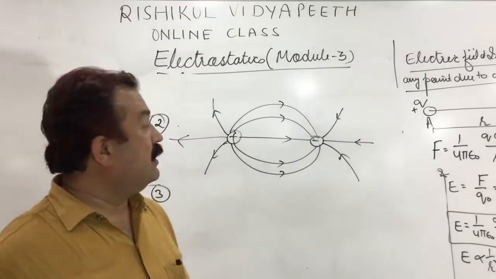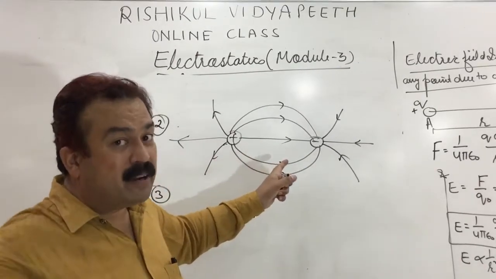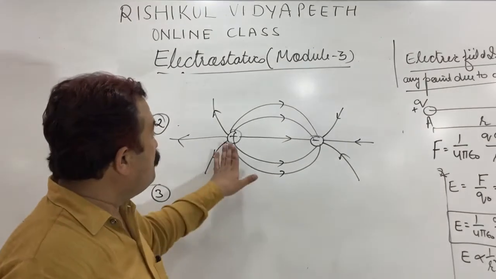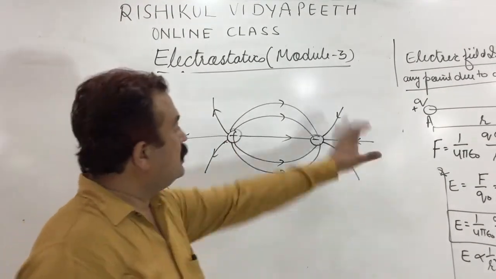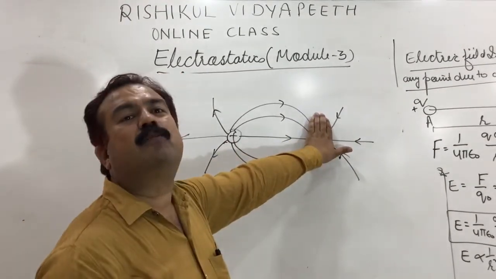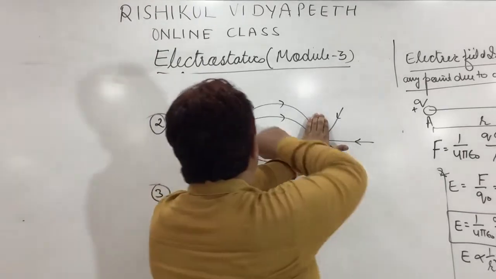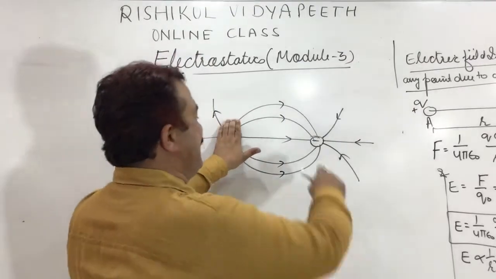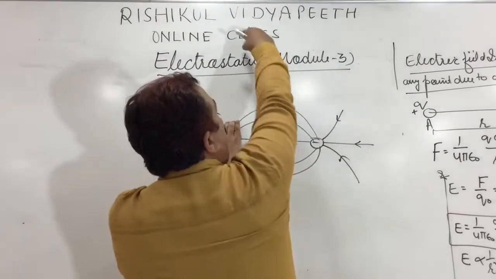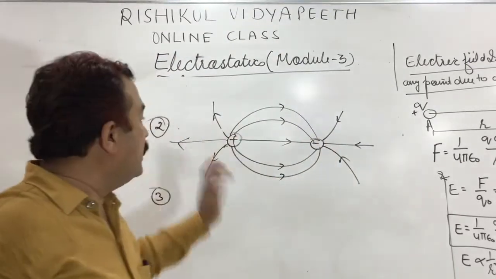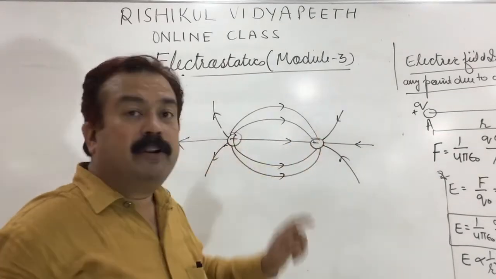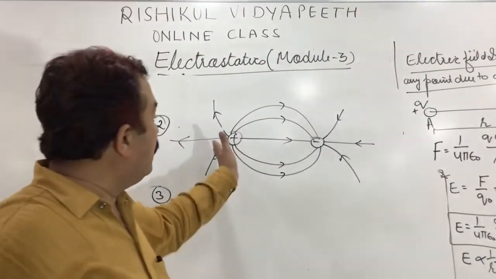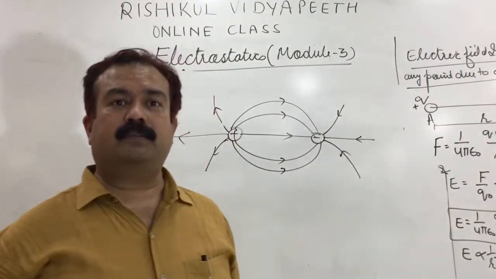Next, if we want to explain the same property in a different way, just imagine, beta. If a positive charge is present and no negative charge is present, then what will happen? The electric lines of force may be straight. If a positive charge is not present and a negative charge is present, then electric lines of force again come straight. But here, due to the presence of positive and negative, what is happening? The electric lines become curved.